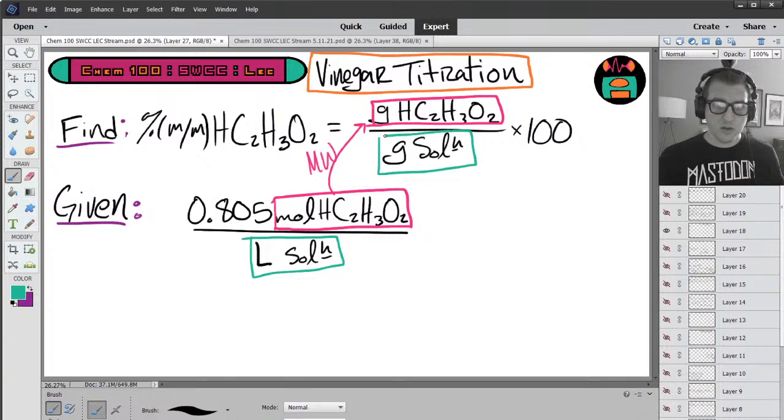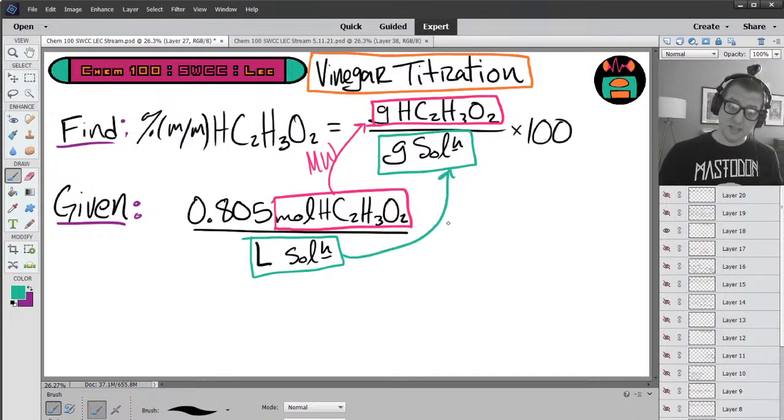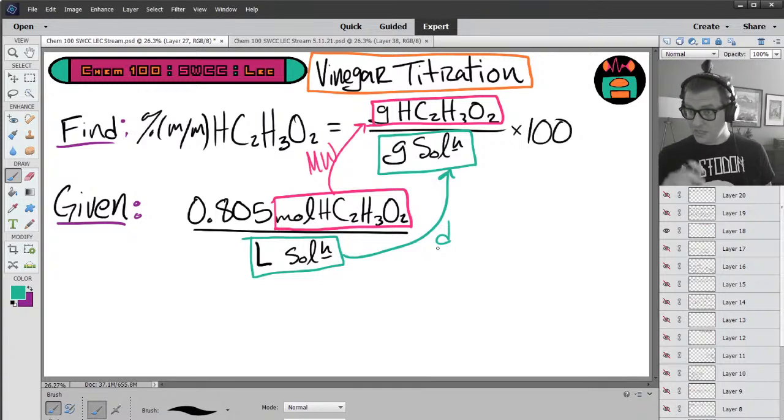The denominator has grams of solution for percent mass. We can convert from volume to mass using the density, if you know the density of your solution. Really, then the only actual difference is this goofy times 100 that makes it a percentage.